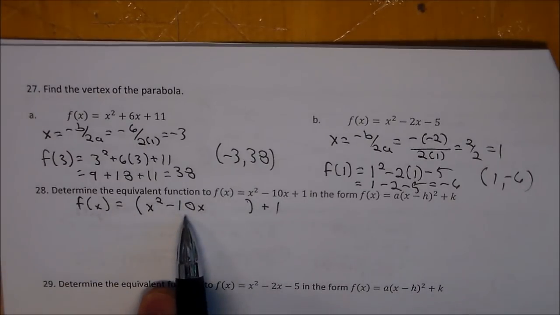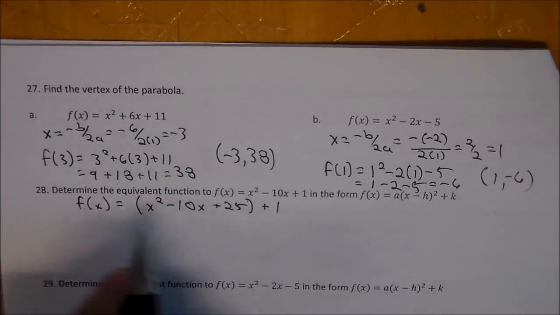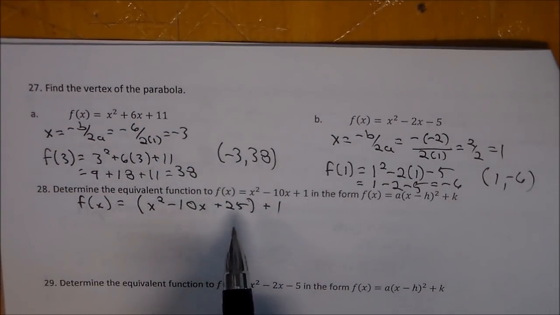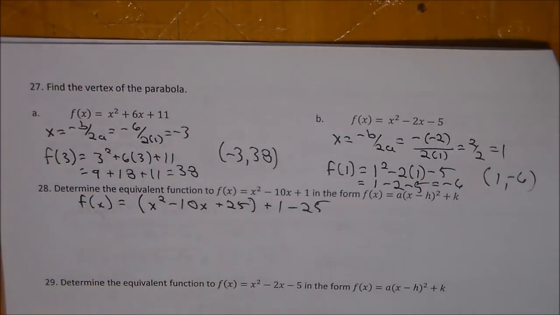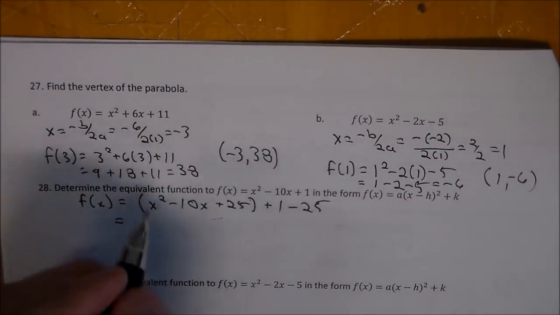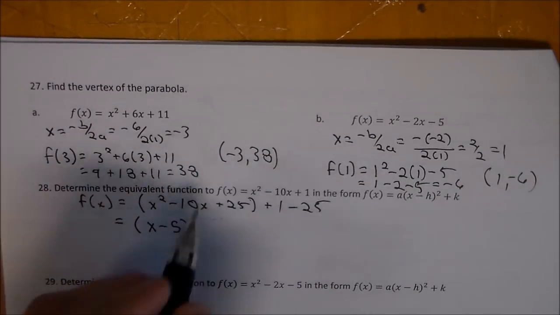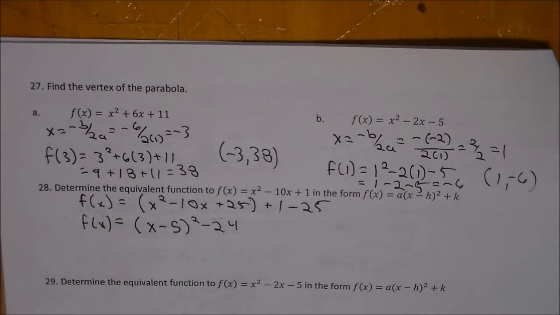We take half of negative 10 and square it, which is 25. But I'm not going to add it to this side of the equation. I'm going to stay on this side. So if I added 25 and then I subtracted 25 to the same side, I'm adding 0 to that side of the equation, but it allows me to complete the square. So now the parenthesis becomes x minus 5 squared, and then the extra terms on the end are minus 24. And that is how we convert to vertex form.